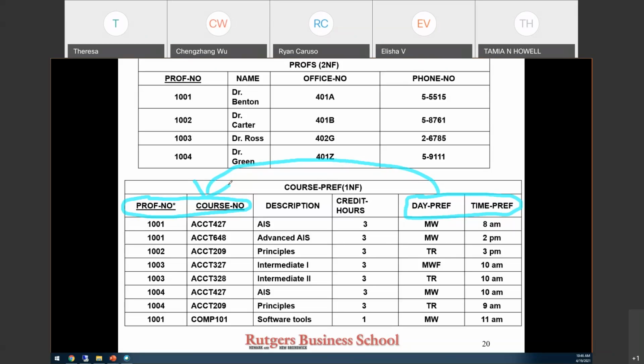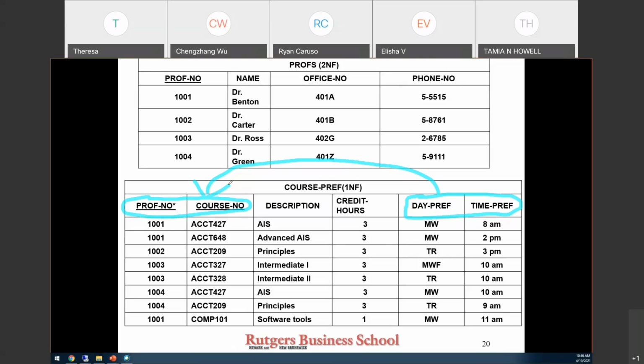Since these two non-key attributes depend on only a part of the primary key, the problem is that they do not have an independent existence.